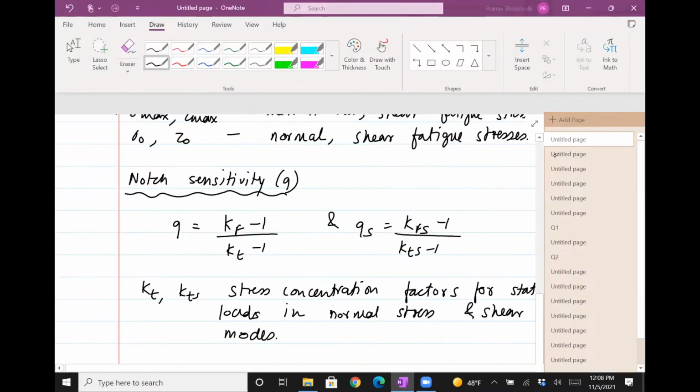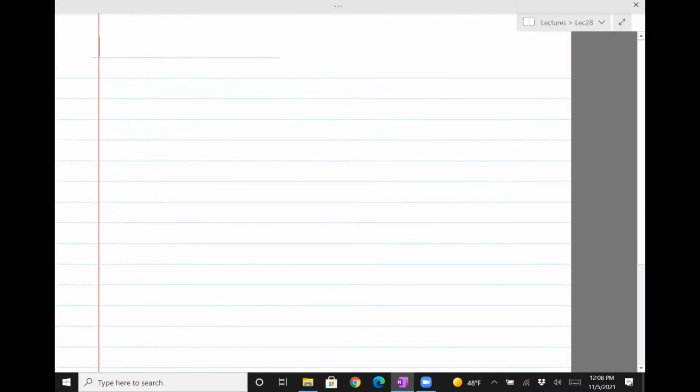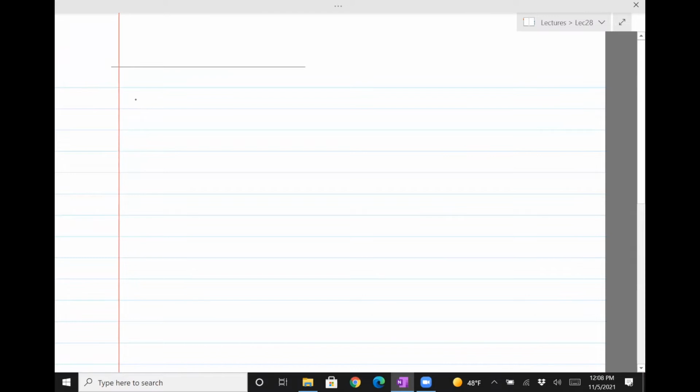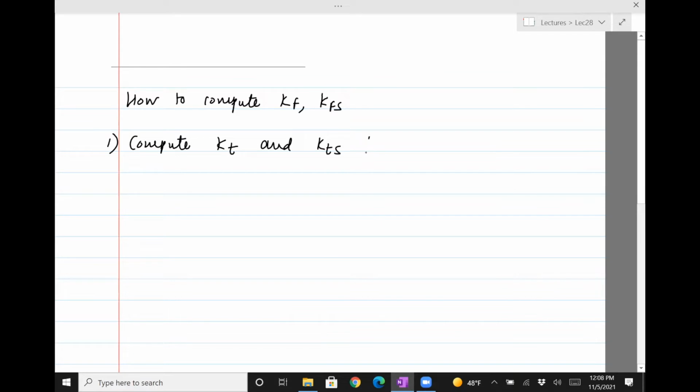So the section is how to compute KF and KFS. Okay, step 1 is compute KT and KTS from the geometry.